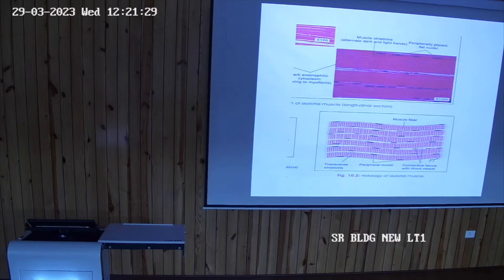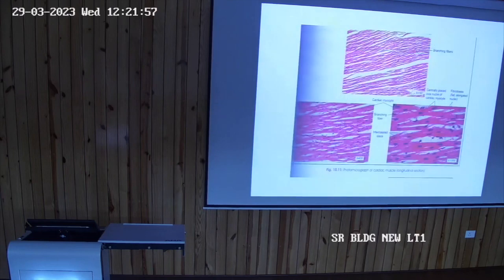When the light is focused on this, the light is reflected, and because of that, it looks light in color. Another point which I have just told you: the skeletal muscle fibers are voluntary, with transverse striations.